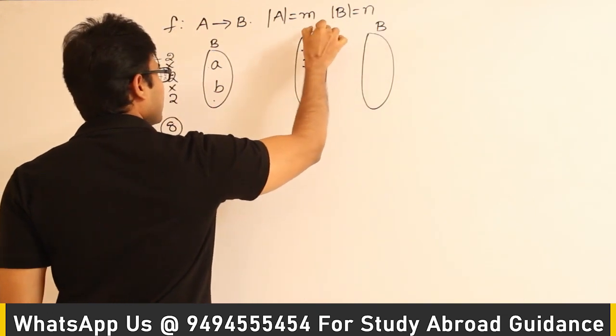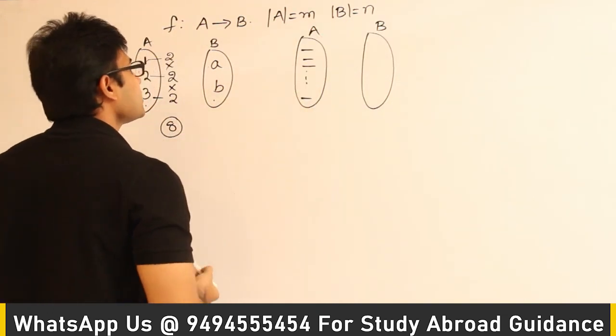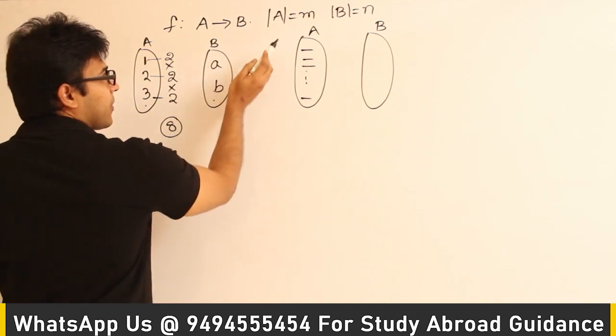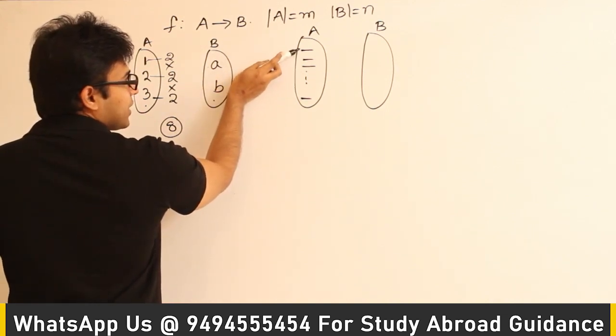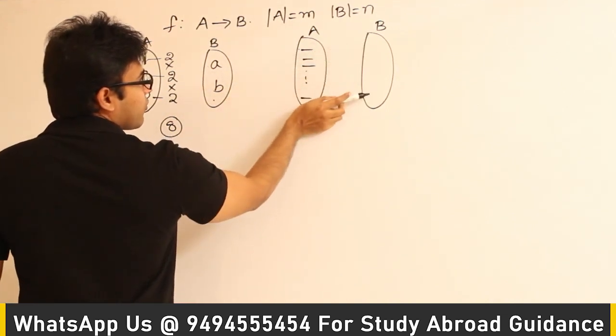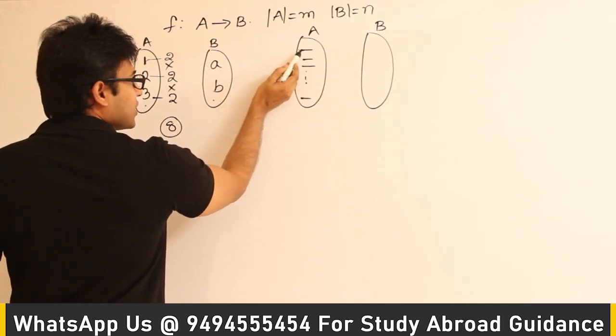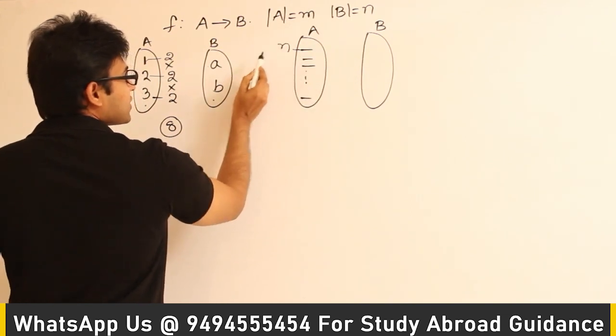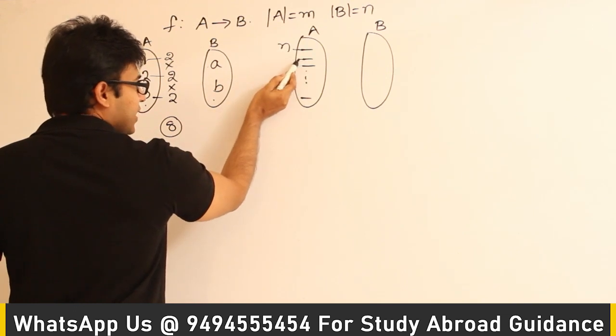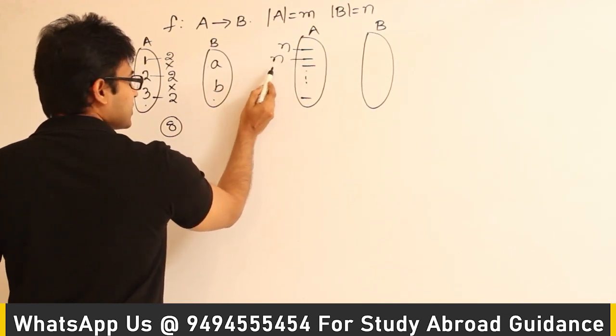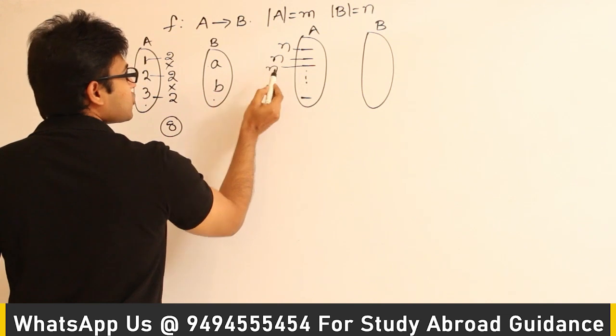Then what happens here? Each element in A can be mapped to any one of n elements in B. Therefore, this element will get n choices. Similarly, the second element also will get n choices. The third element will also get n choices.